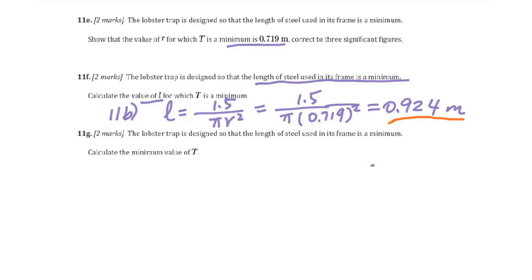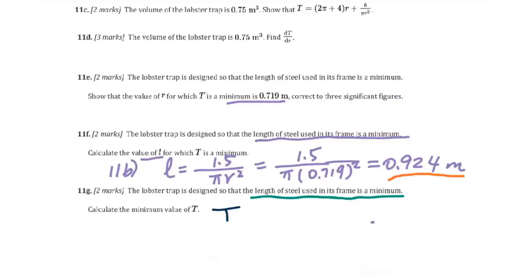For 11G, the lobster trap is designed so that the length of steel used in its frame is a minimum. Calculate the minimum value of T. We know T equals 2 pi plus 4 times r plus 6 over pi r squared.